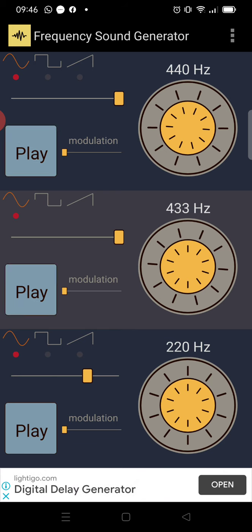Yeah, maybe that's a little too quick for you guys to count, but that's still 7 beats per second. Musicians will actually be able to tell that 7 beats per second.